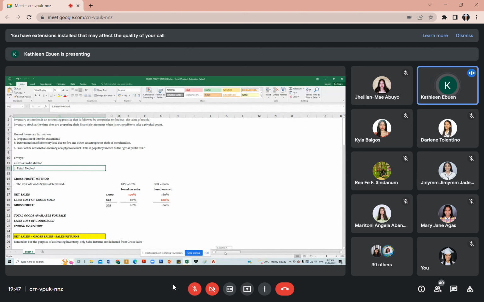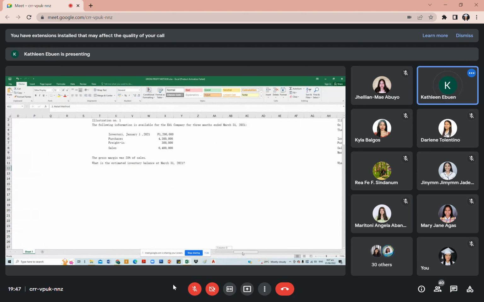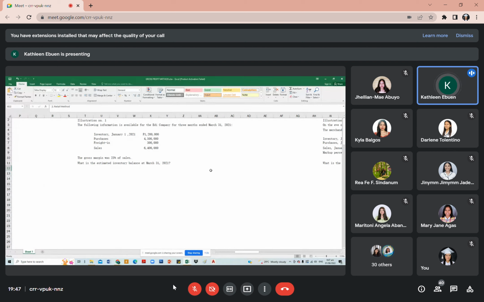Okay, so let's try this first problem. Illustration number 1. The following information is available for a company for the 3 months ended March 31, 2021. It used inventory estimation because it will report an interim for March 31, 2021.